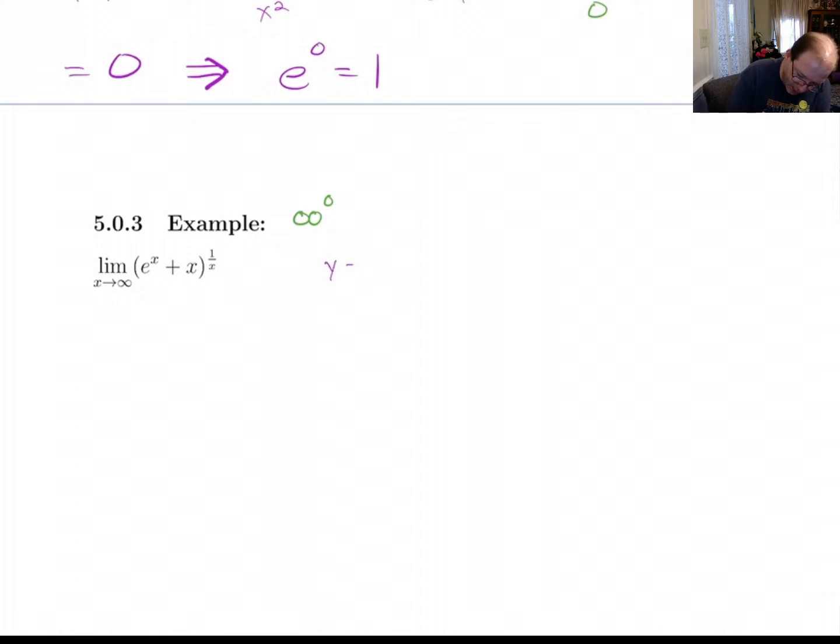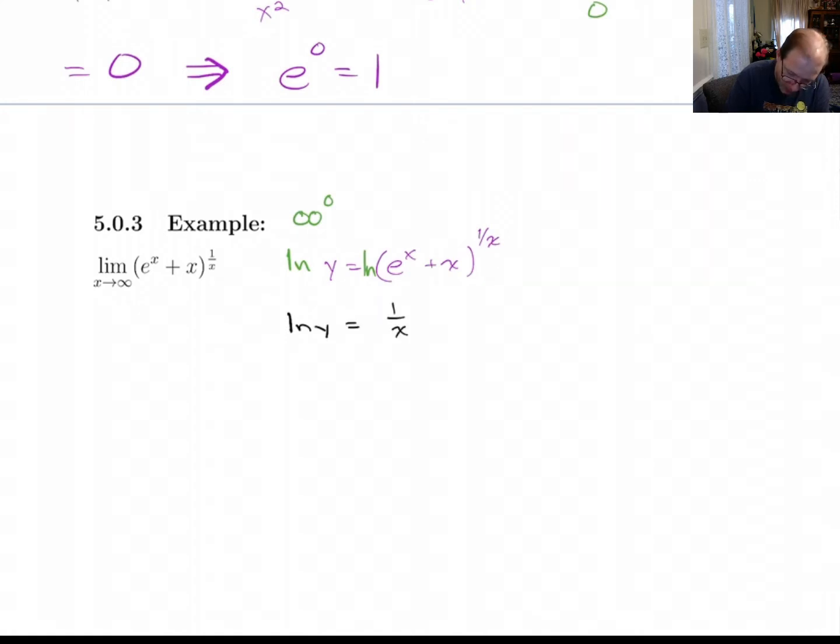We'll let y equal (e^x + x)^(1/x). We'll take the ln of both sides of this, and then we will use the power rule for logarithms to rewrite this as 1/x times ln(e^x + x).